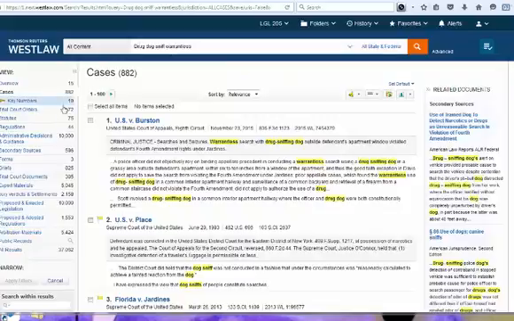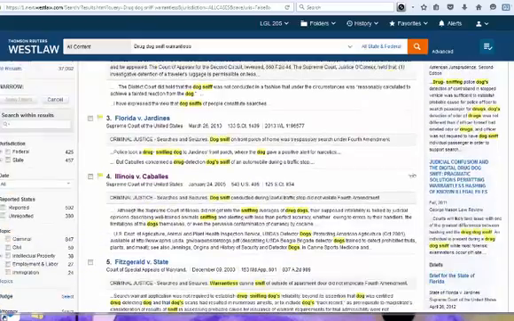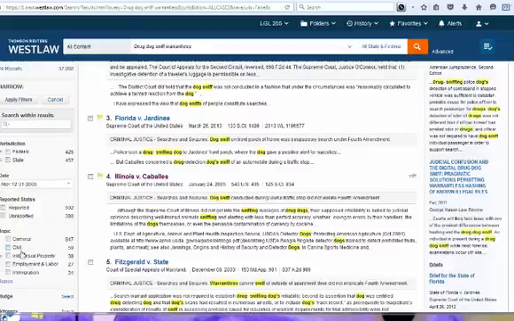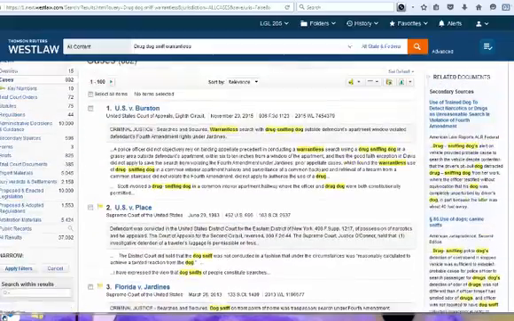Oh, it was the last 10 years, right? Let's apply one of the filters. Date. All dates after, what's 10 years? 2006. Why did I come up with Illinois?